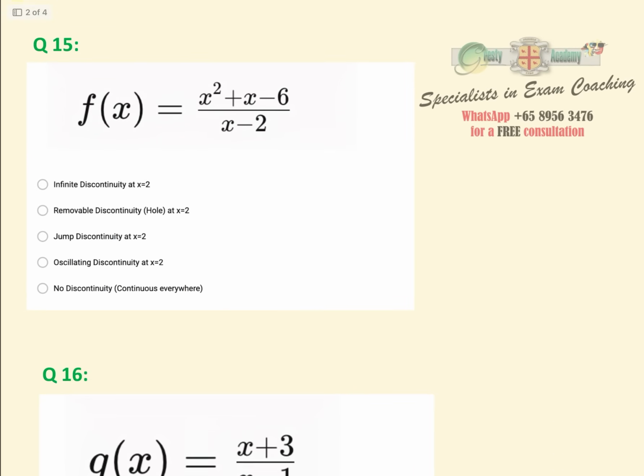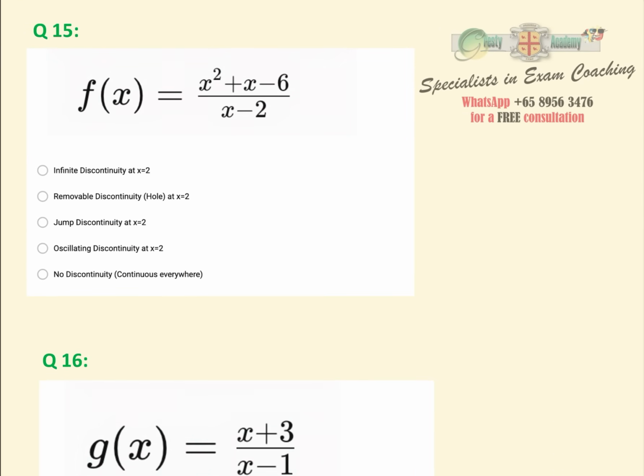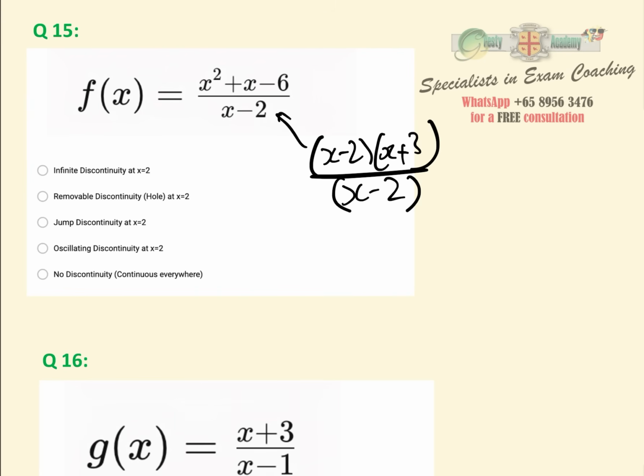Okay, question number 15. Right, let's have a look. Now what we're doing is classifying discontinuities. So let's have a look at this one. If we factorise this one, we get (x minus 2)(x plus 3) over (x minus 2). And basically what that means is that for every part of this f of x, except for x equals 2, it's perfectly continuous.